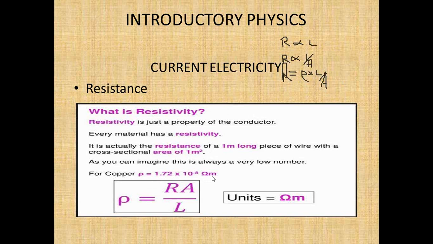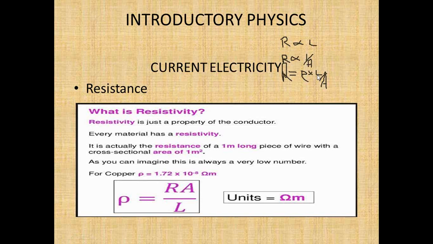So you see it's ohm meter, because it's length over area, where length is in meters and area is in meters squared. So this will be 1 over meter, and when you put it over there, the resistance is in ohms, and then you have meter. So using common sense, you can see that the unit of resistivity is ohm meter.